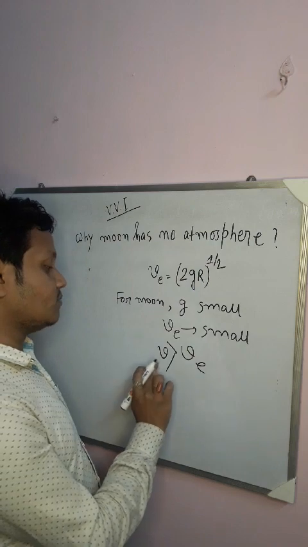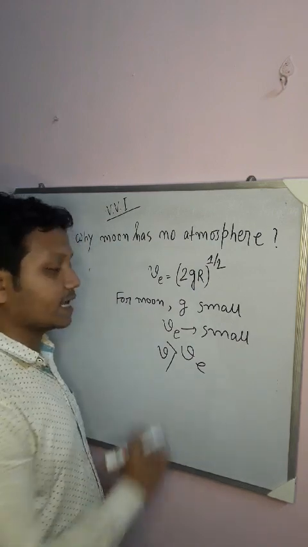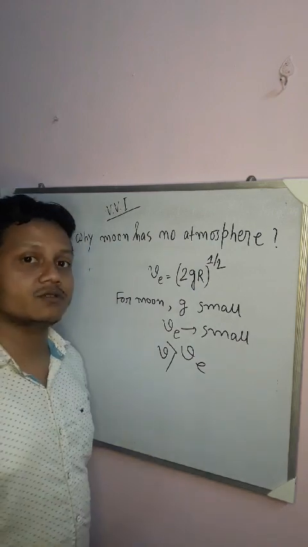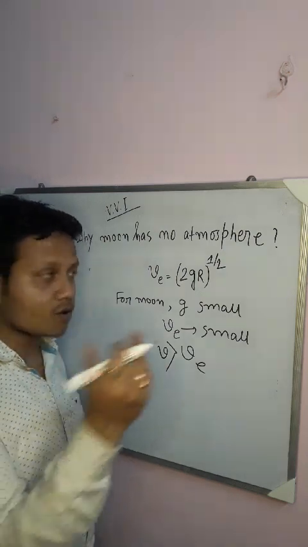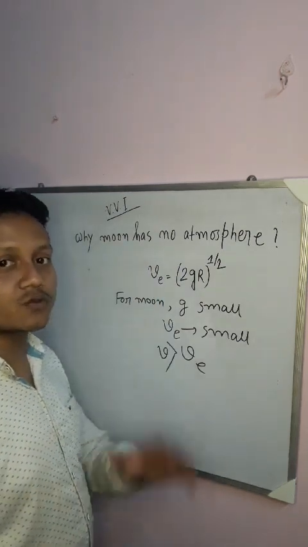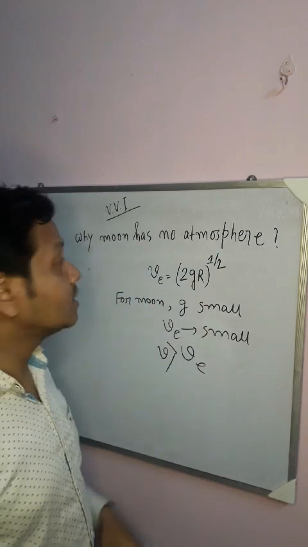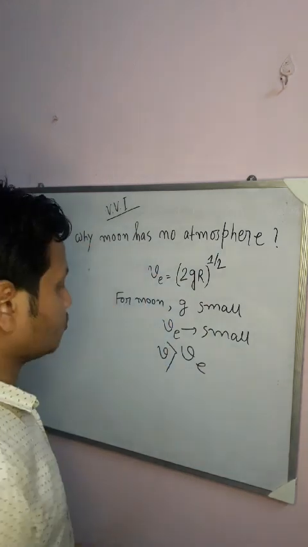So what happens if the thermal velocity of the gases is larger than this escape velocity? Then all the gases will escape from moon surface. No gas will remain at the surface of moon. That's why moon has no atmosphere.